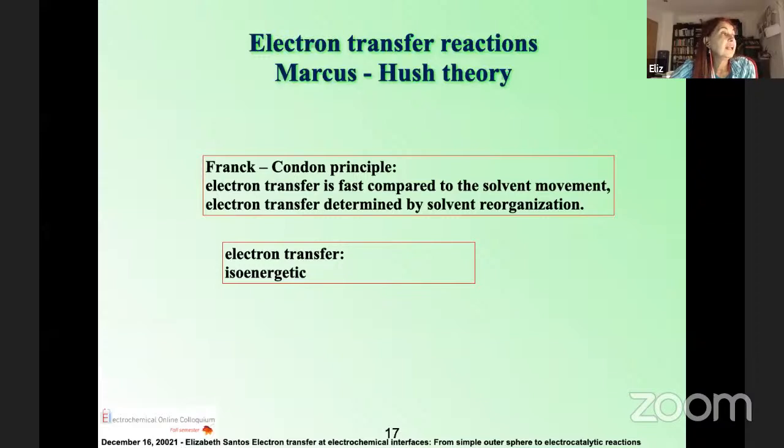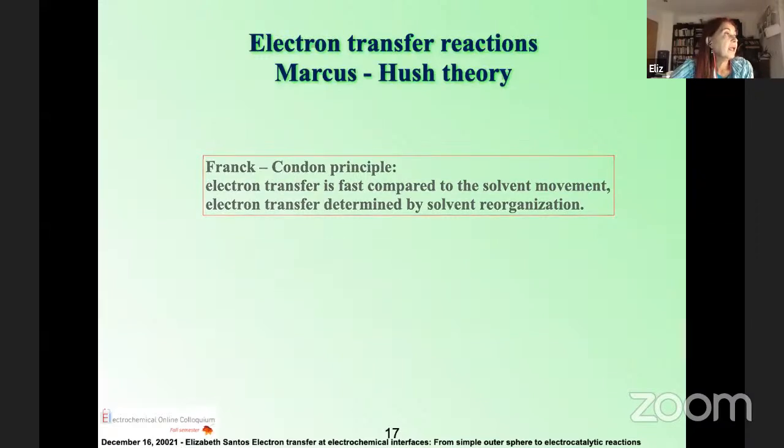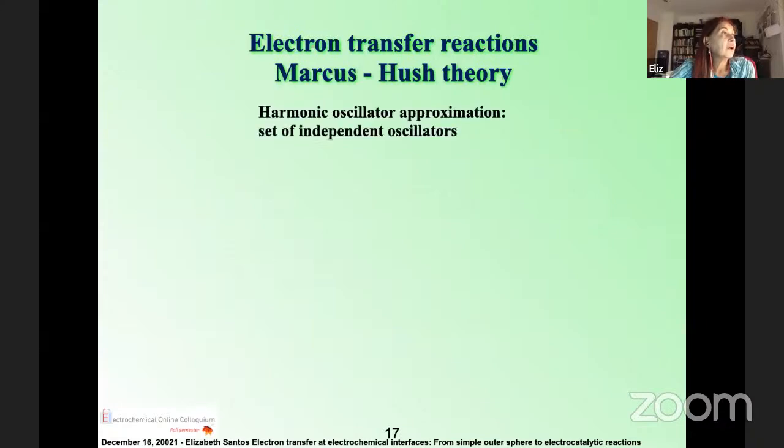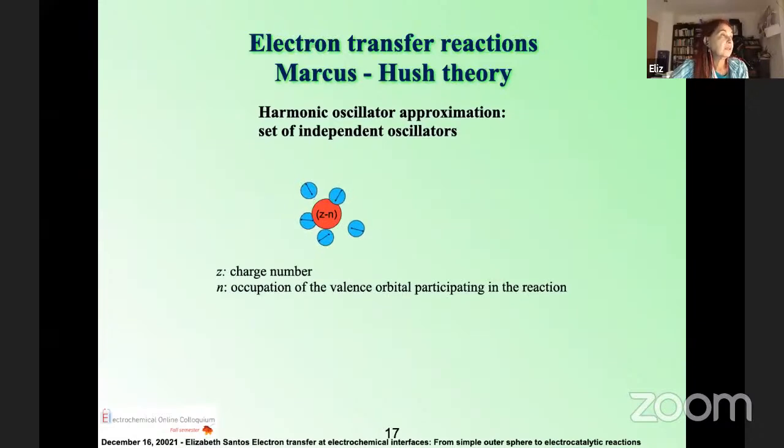And the electron transfer is isoenergetic. Then we assume a harmonic oscillator approximation of this rearrangement of the solvent around the reactant, and consider a parabolic potential.